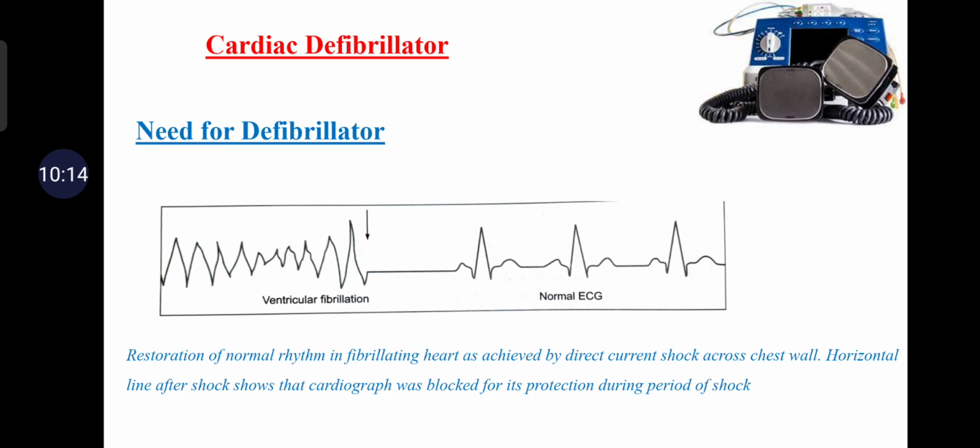Kindly note that higher voltages are required for external defibrillation than for internal defibrillation. Implantable defibrillators are also available for patients who are at high risk. So this is the main idea of why we need the defibrillator.